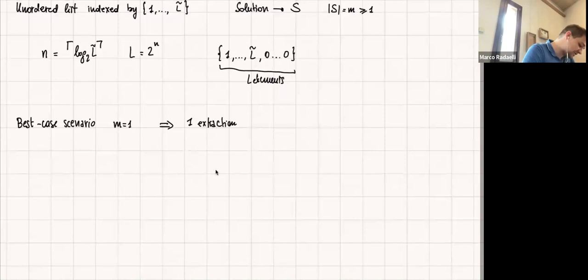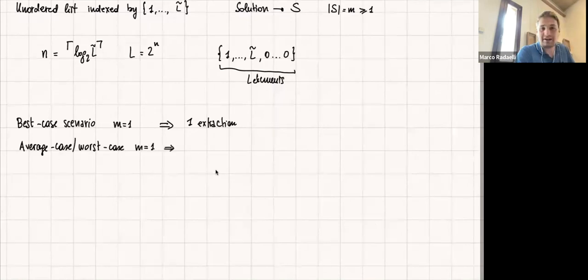But if we consider the average case or the worst case, which are actually a little bit more useful, again with M equal to 1, we will need on average L/2 or L extractions, which means that the scaling is always linear.